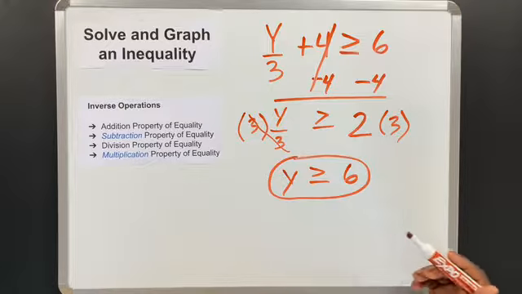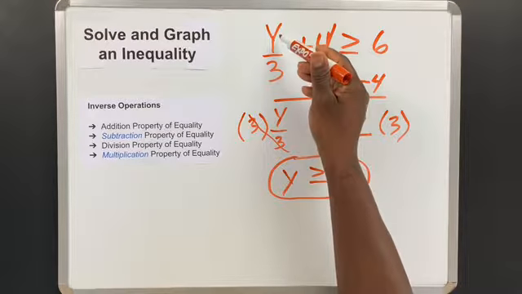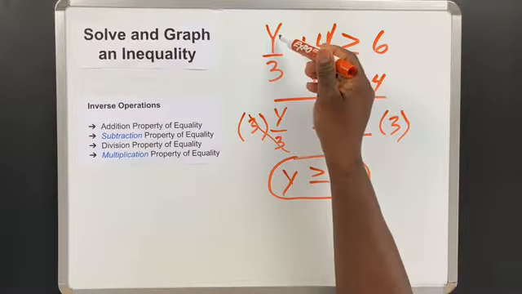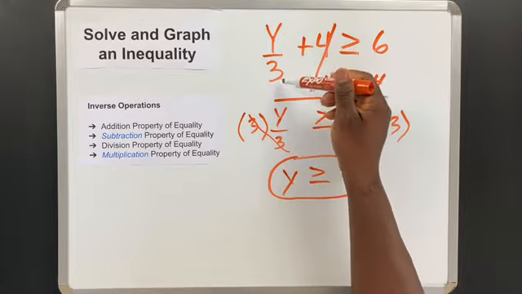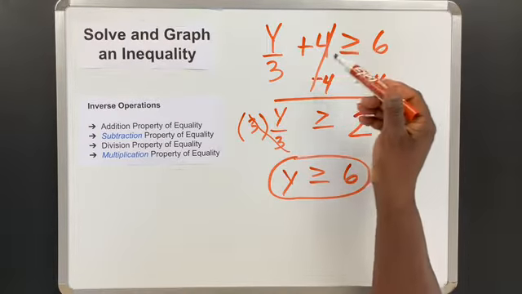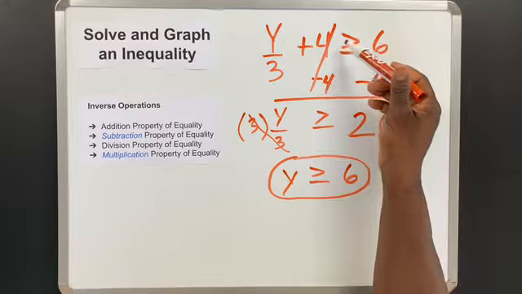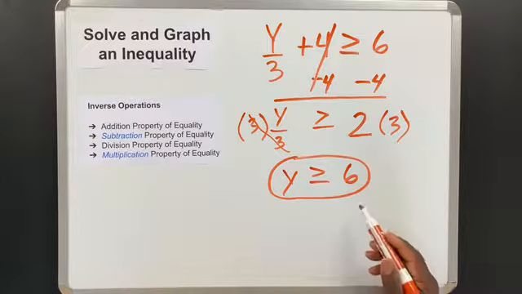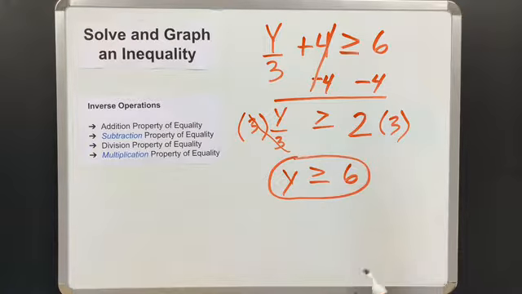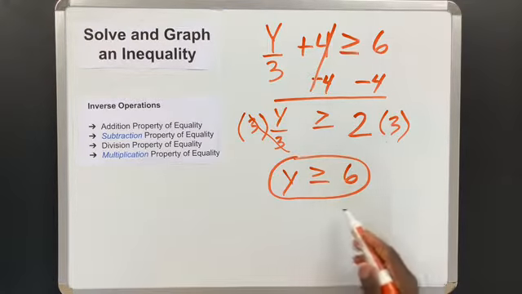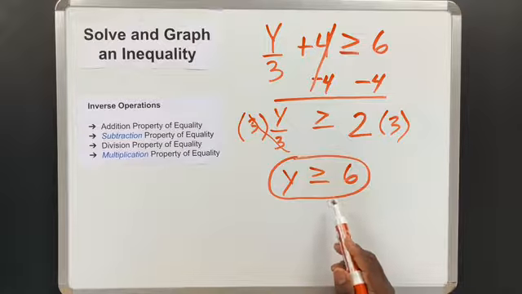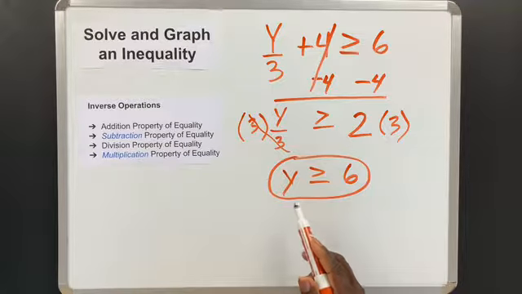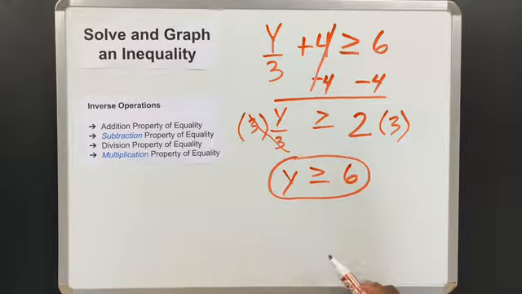We can say 9. If we substituted 9 for y, you would get 9 divided by 3, which is 3. 3 plus 4 is 7. 7 is greater than 6, so that would make that solution true. So there are several solutions that would make this inequality true, but they have to be all values that are greater than or equal to 6.